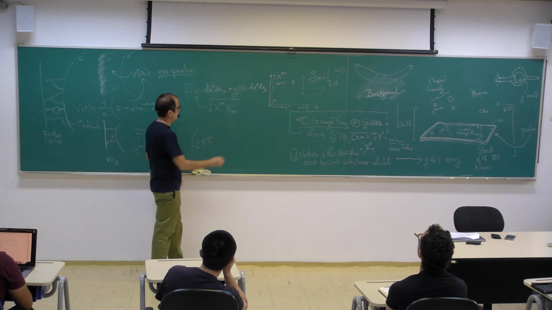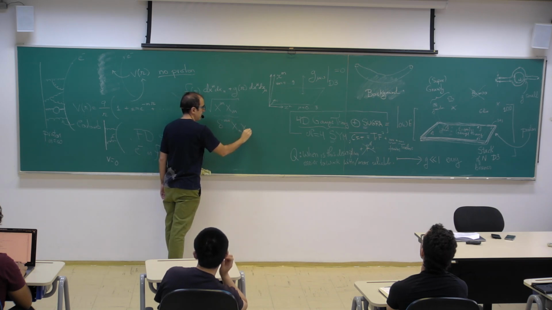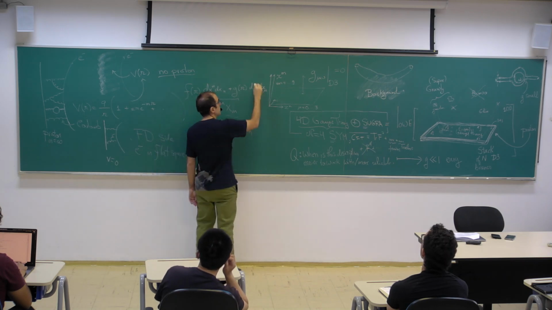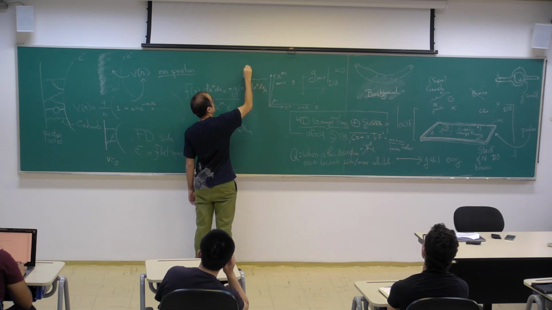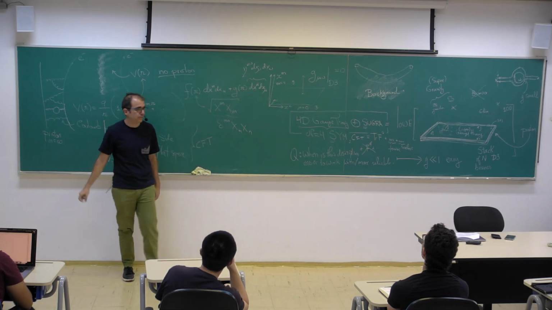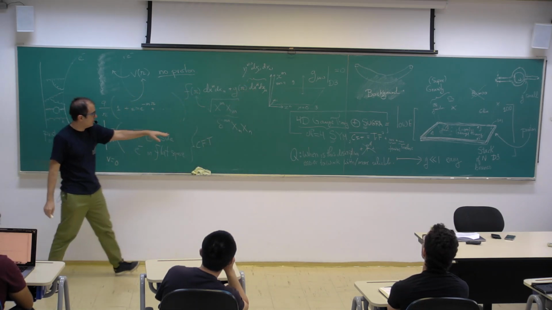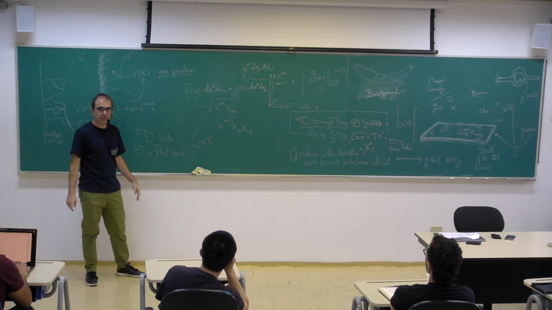Notice that this is just a delta_mn dx^m dx^n because these are Euclidean directions, whereas here it's eta_mu nu dx^mu dx^nu because time is inside this part. So the first part is different. Here there's no time. Here is just space.